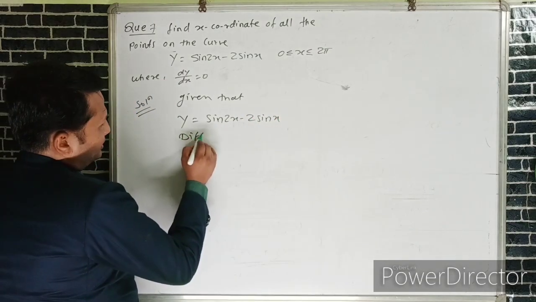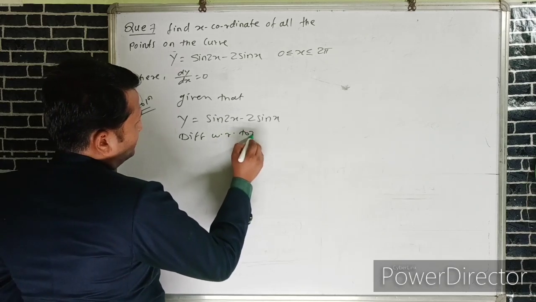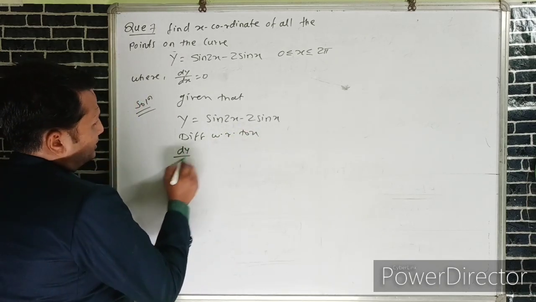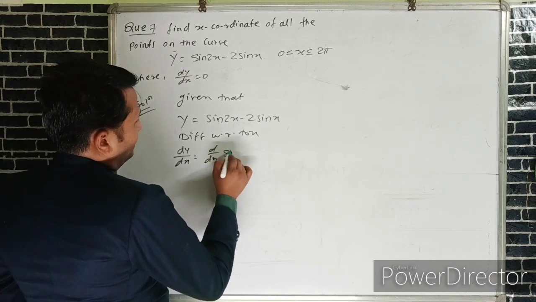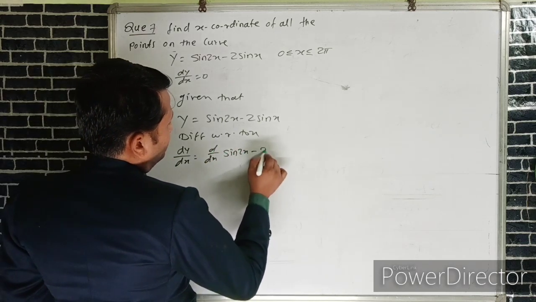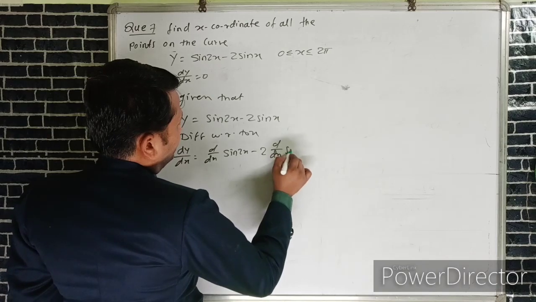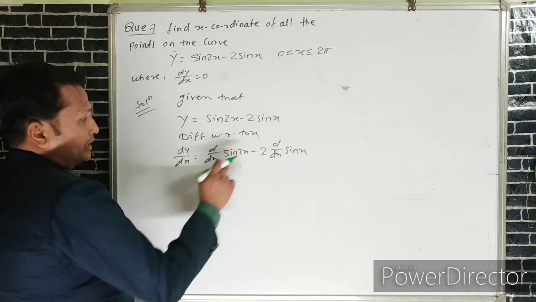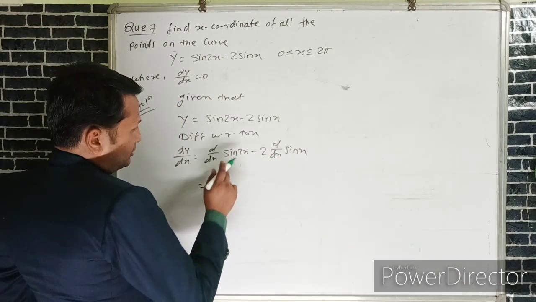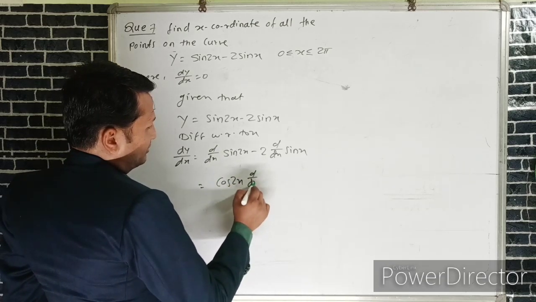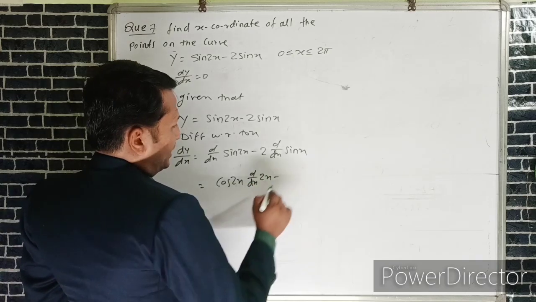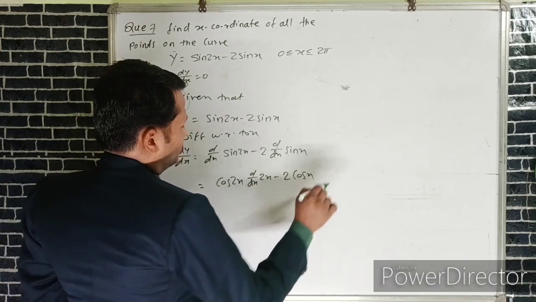If we differentiate with respect to x, we get dy by dx, taking the derivative of both terms separately. The derivative of sin 2x is cos 2x into the derivative of 2x, which is 2, and minus 2 into the derivative of sin x, which is cos x.